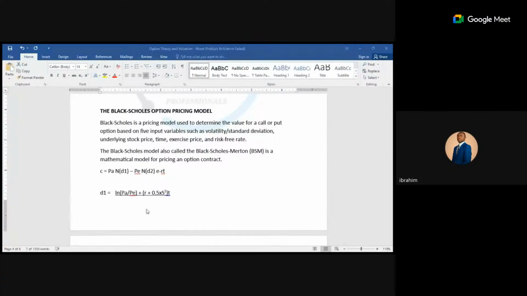So the value of call option you calculate under the Black-Scholes model is the call option premium. Equally, the value of put option you calculate is the put option premium that you will pay at maturity, because whether you exercise your right or not, you will pay an option premium.